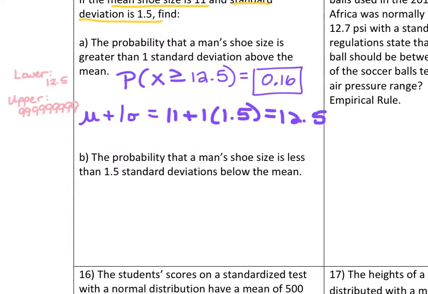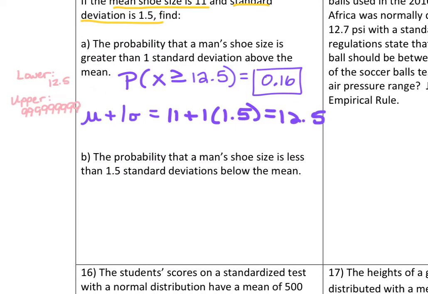And in the other problem, you want to see what the probability is that the shoe size is less than 1.5 standard deviations. So 1.5 times sigma would be 11 minus 1.5 times 1.5.